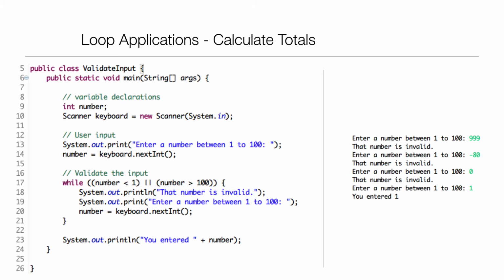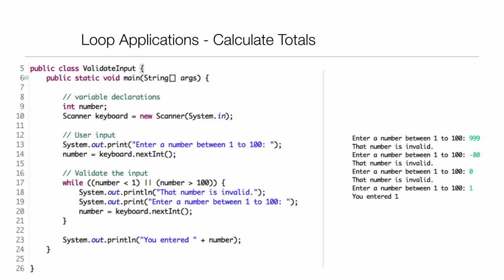So one side of the OR statement is true, therefore the whole condition is true. So you've got while true, basically, System.println that the number is invalid, which you can see on the right hand side, and then enter a number between 1 and 100, and so the user gets a chance to enter another number.